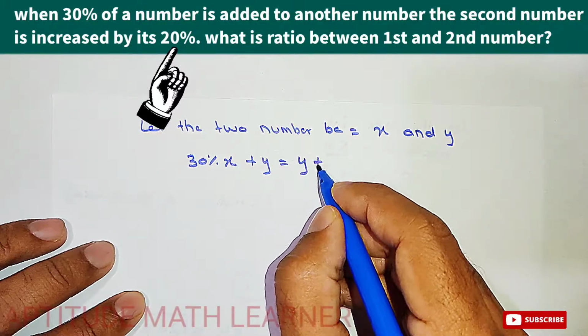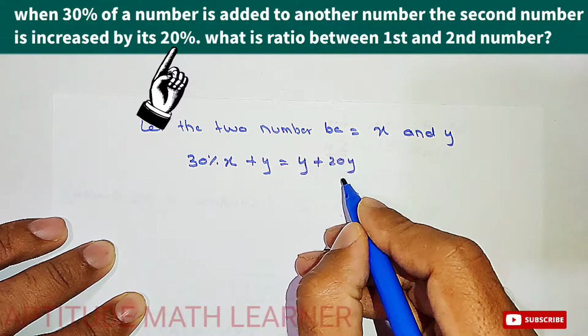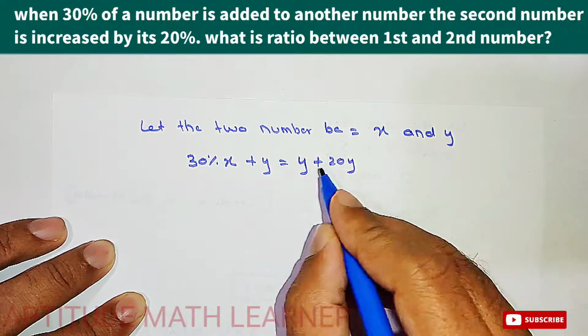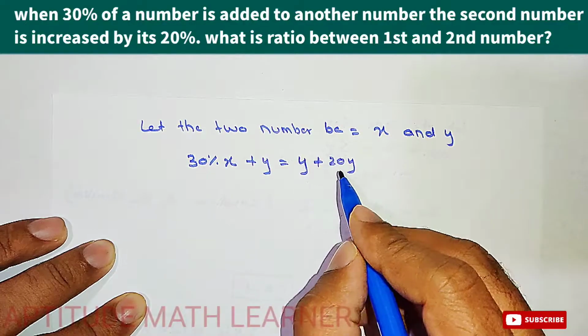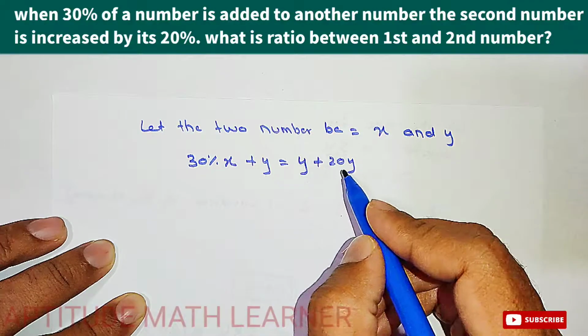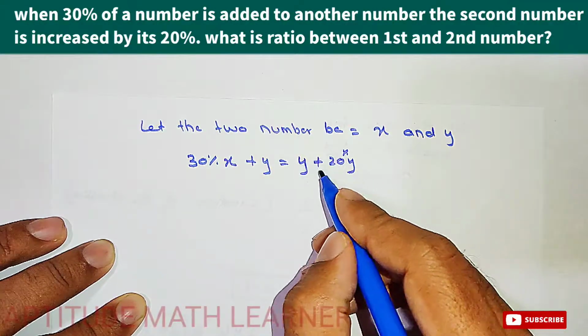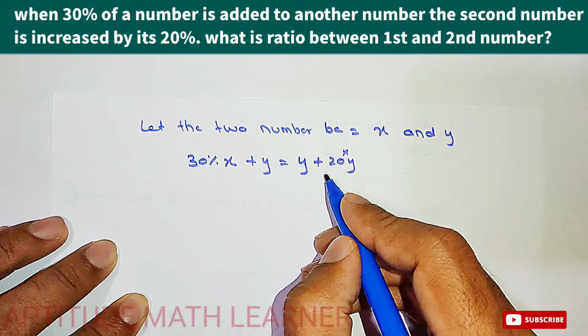So we increase y by its own 20%. So y plus 20% of y, and we have just increased it.